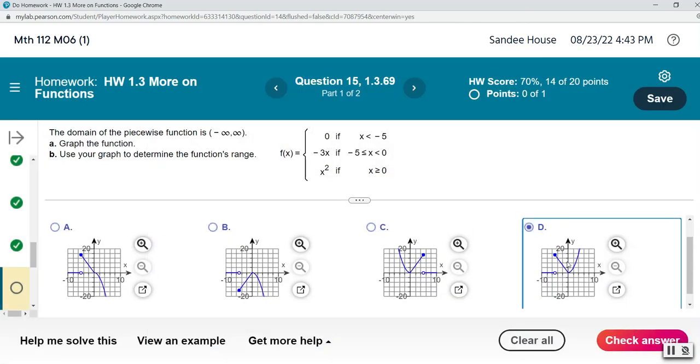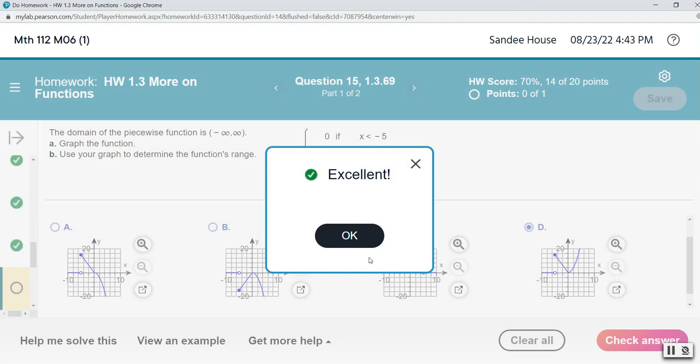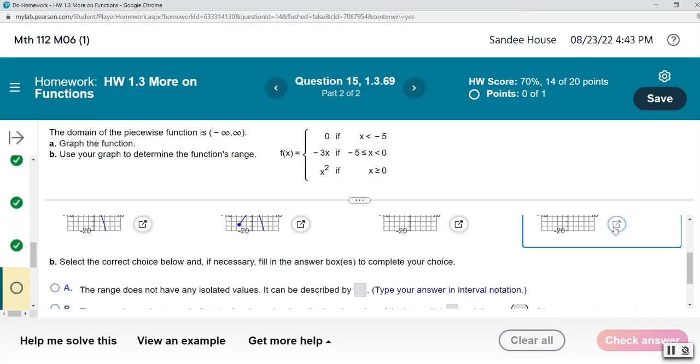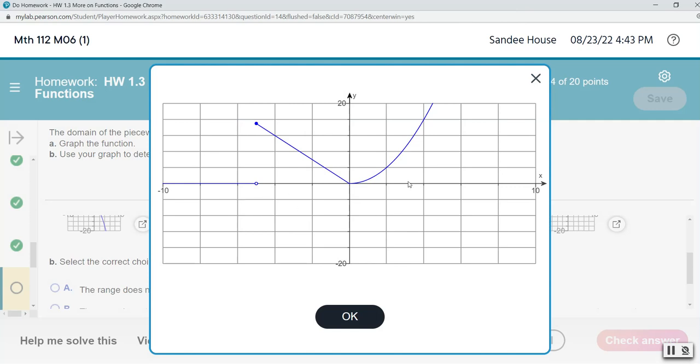Now they're going to ask us for the range. Okay, we're going to go back to the graph for that. The range is where the y values are included. Now look at this half of the graph. If a graph has an arrow on the end or goes all the way to the grid, then you know that it keeps going forever.